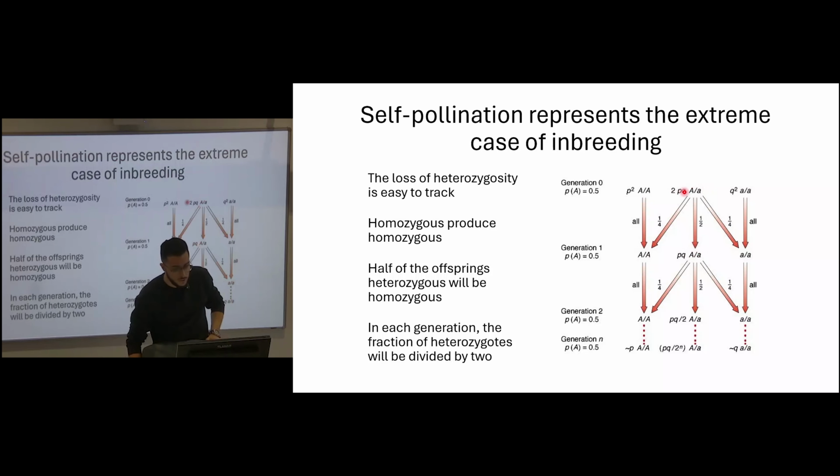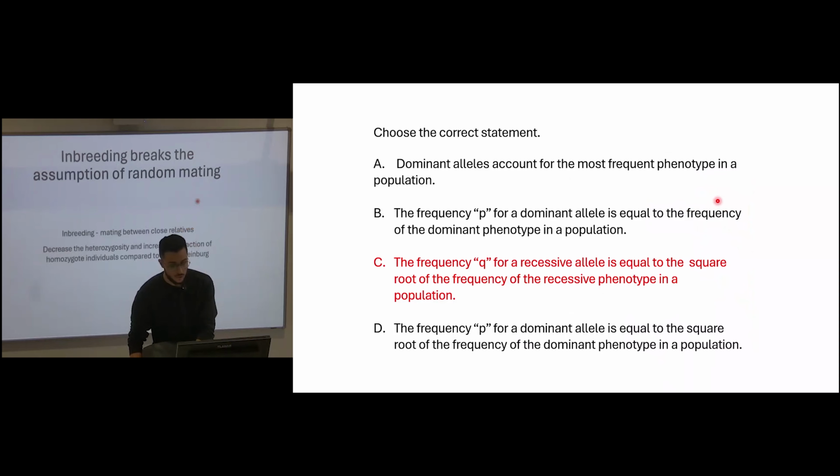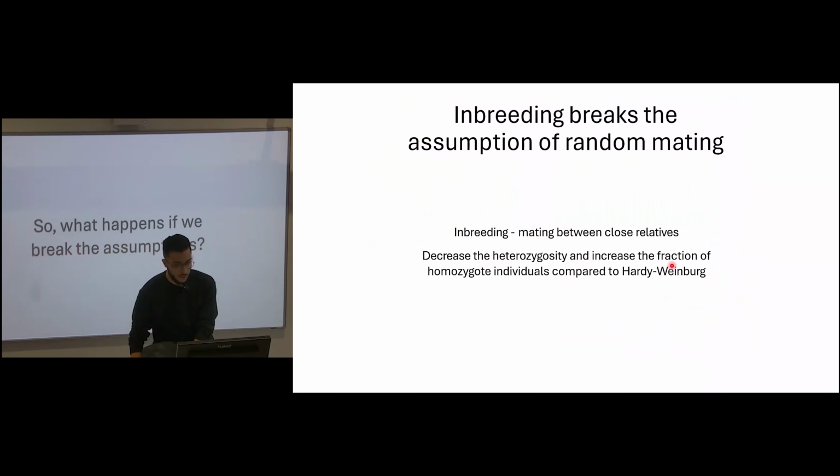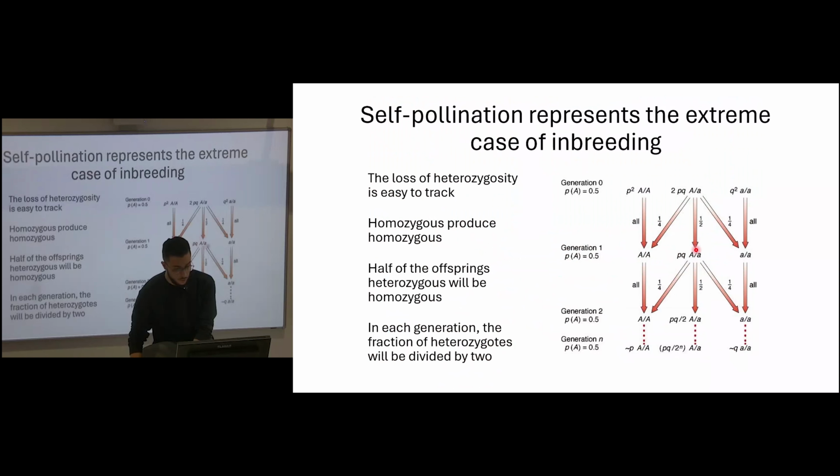That's why you see it starts with 2PQ, which we learned right here, and then with one generation, it becomes PQ, and then PQ over 2, and then PQ over 2 to the power of n. At the end, you'll end up with basically nothing here. Let's say you have 10 generations: 2 to the 10 is a huge number, so PQ over 2 to the 10 is pretty much 0, okay?